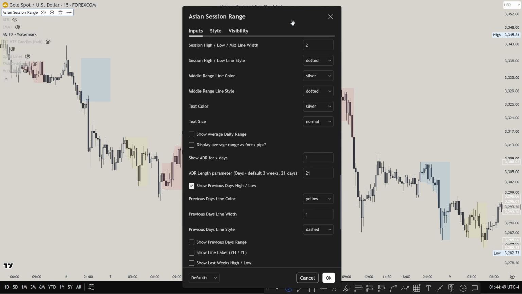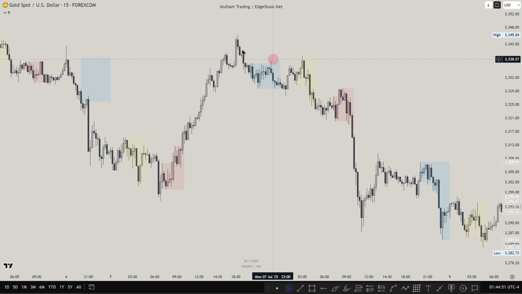You can use any session highlight indicator, okay? But this is the one that I use, and there is a full tutorial on all of the indicators that I use. We're going to go with these sessions, from 20 to midnight, then from 2 to 5 a.m., and then from 7 to 10 a.m. So these are the session timings.